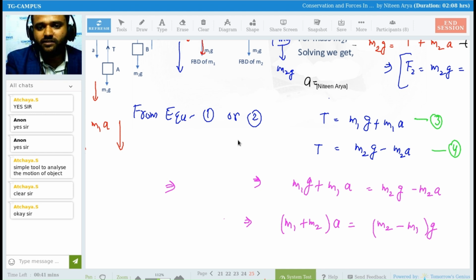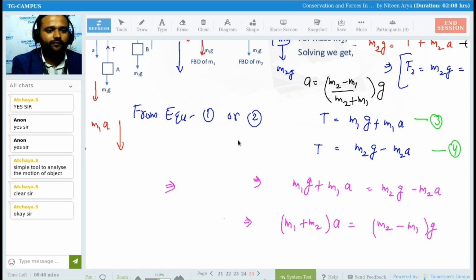Now this acceleration is m2 minus m1 divided by m2 plus m1, or m1 plus m2, times g. Clear? So from here we get this relation.